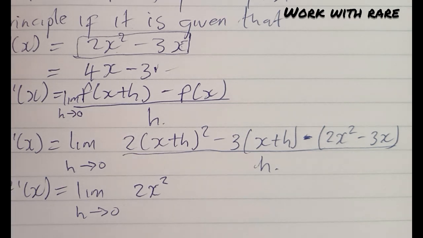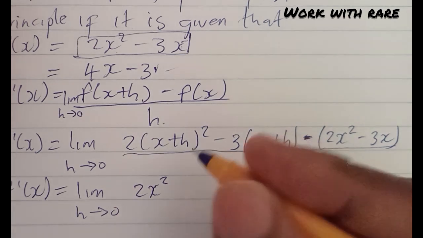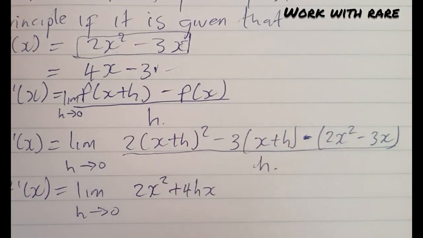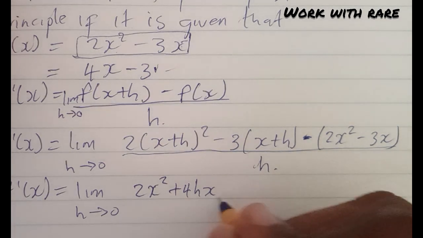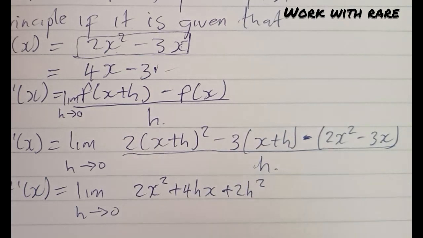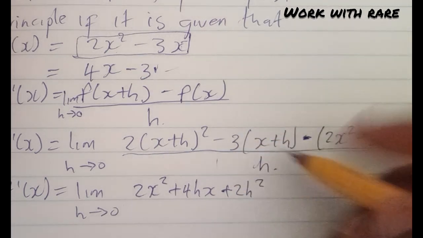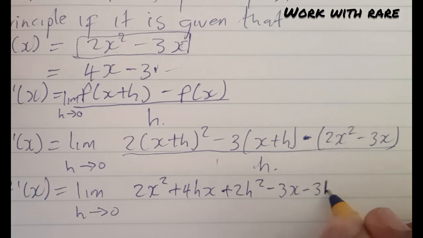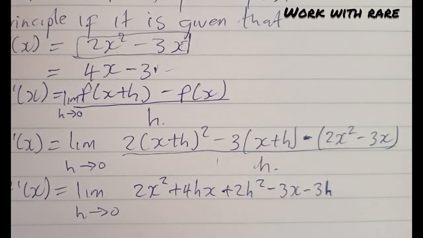Then 2 multiplied by 2hx, which will be 4hx. Then I will say 2 multiplied by h squared, which is 2h squared, okay? So, and if I break this bracket, I'll have negative 3x and negative 3h.